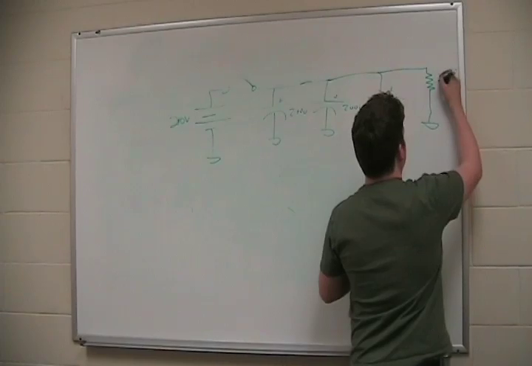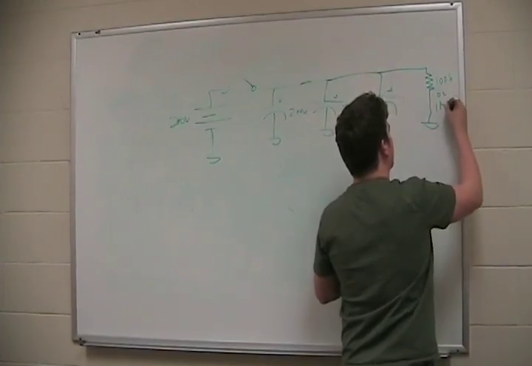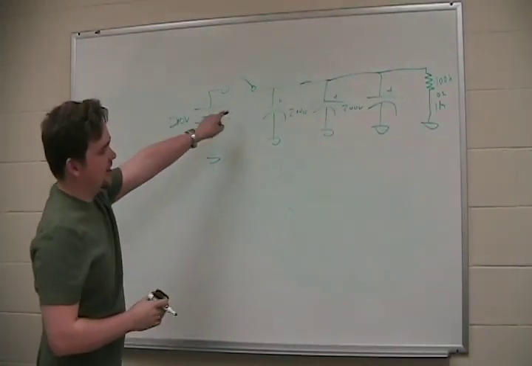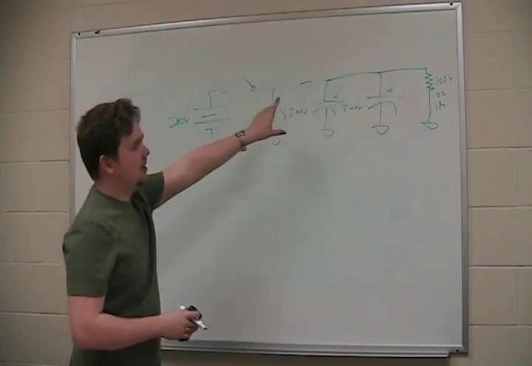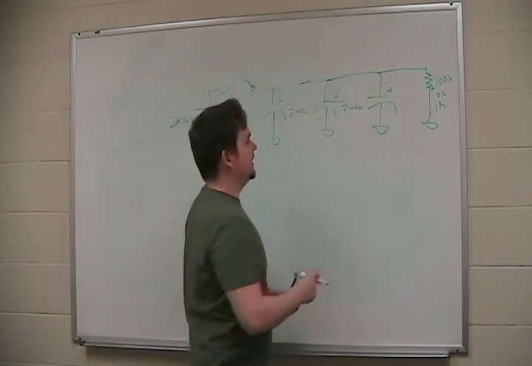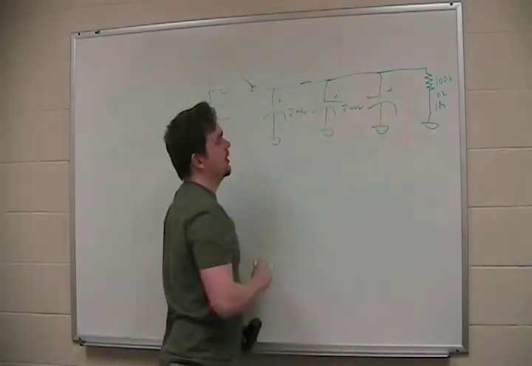Let's say 100K or 1 mega. Oh, 1 mega is 1 million. So that if power is disconnected for some reason, we don't want those capacitors to stay charged. We've got to bleed it off. It'll bleed off very slowly, but it will bleed off all the electrons stored on the plates.